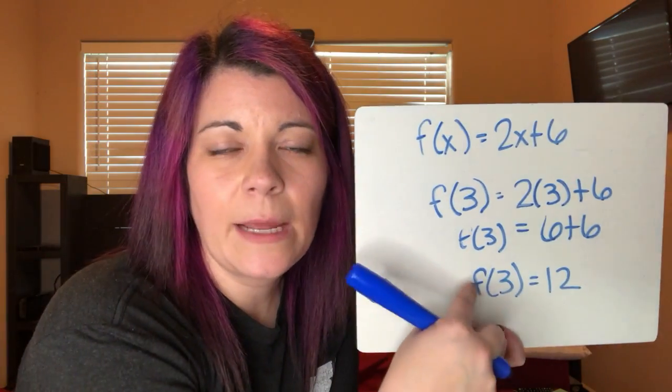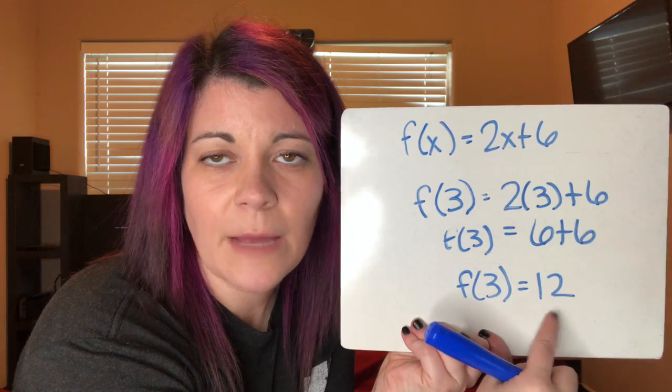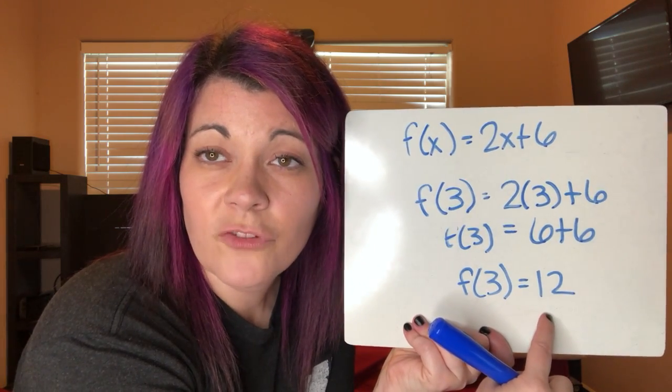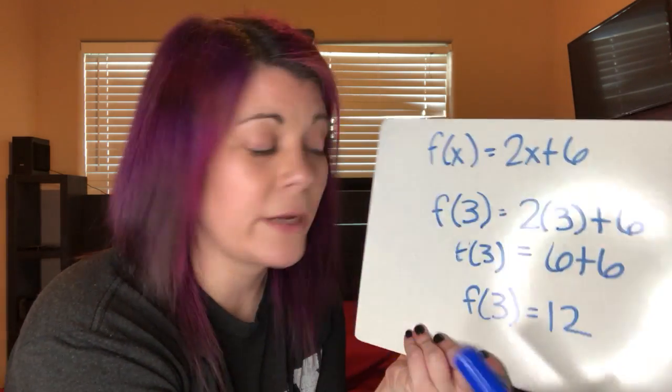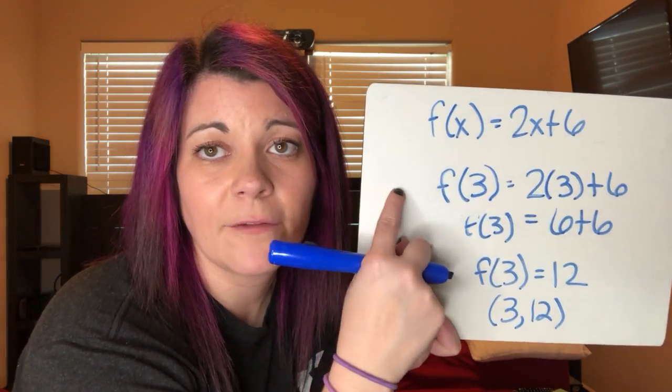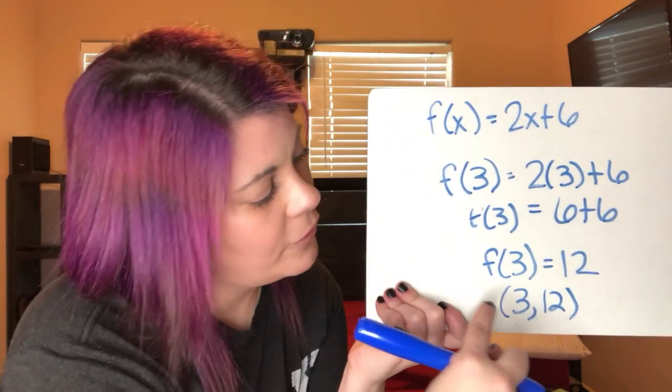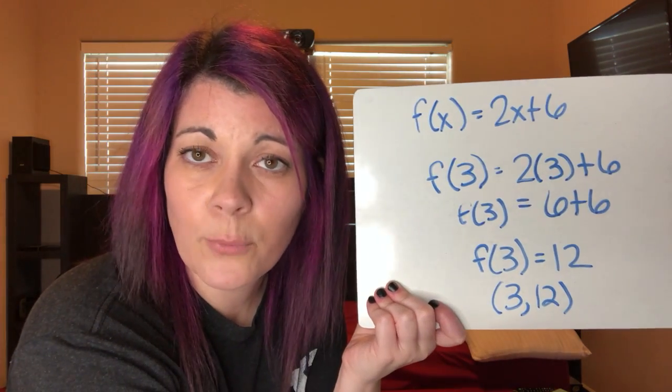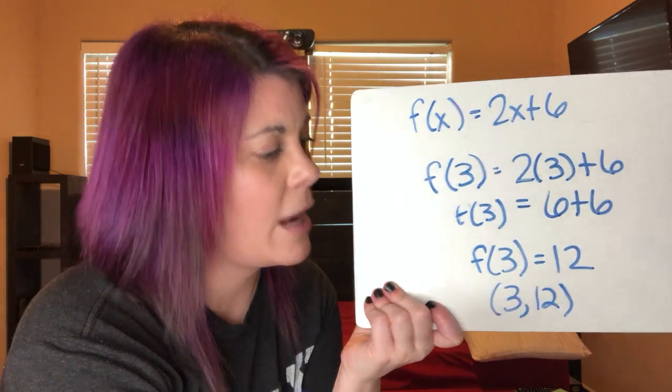Which means that when I plug in 3 to the function, I get 12. So for a coordinate point, my x value was 3, and my y value was 12. So that's my coordinate point when I find the function of 3. Okay, so (3, 12) would be the coordinate point that I am graphing.